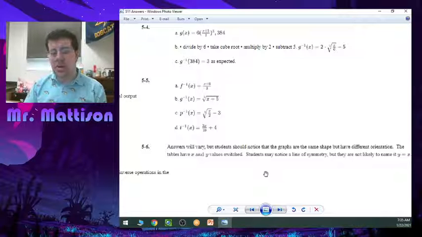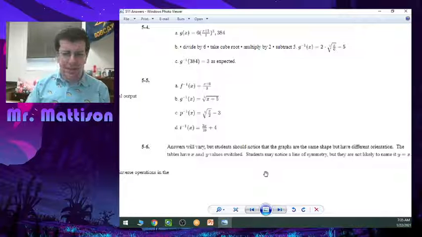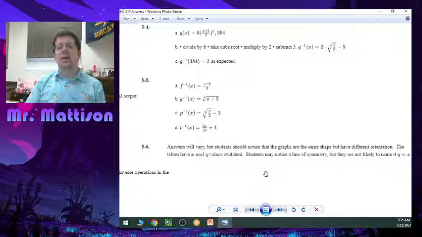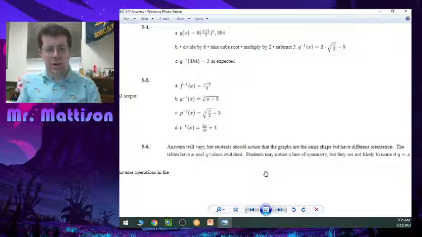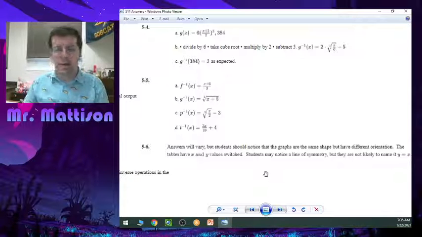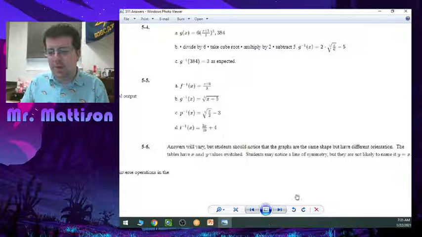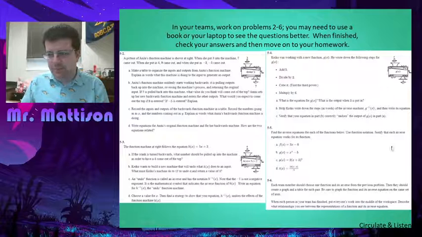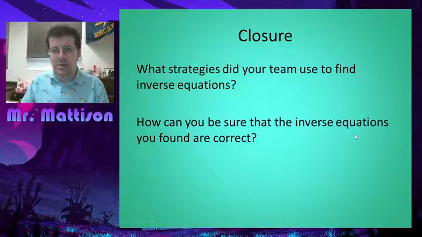As long as you feel like you really got that and what they're saying kind of makes sense to you, you're probably doing fine. If you made an error, go ahead and look back at your work and see if you can correct that. And if you can't, please try and contact me via email or GoToMeeting, and we will try and cover that for you. Okay, with that, let me minimize this, and then we'll go on to the closure.